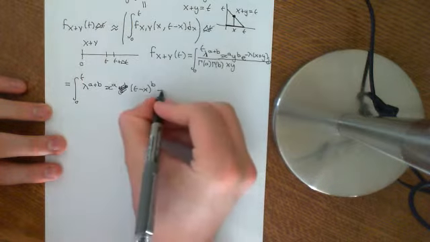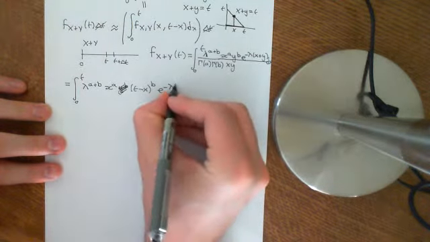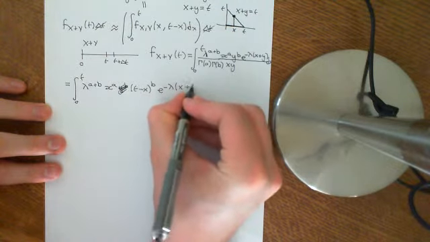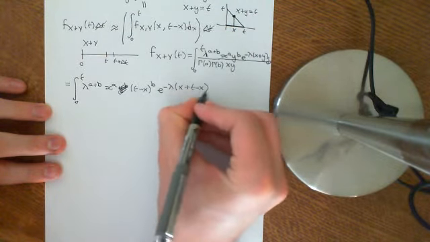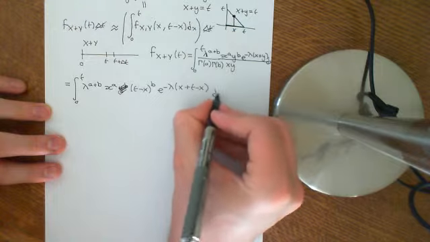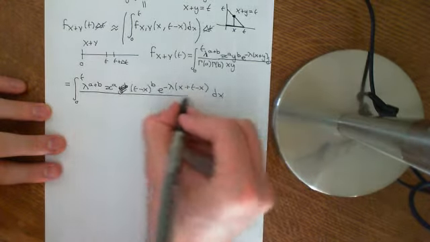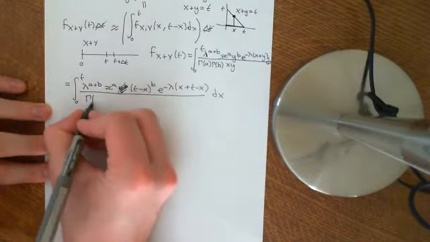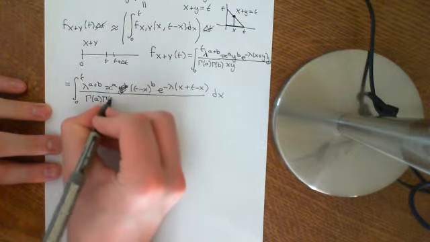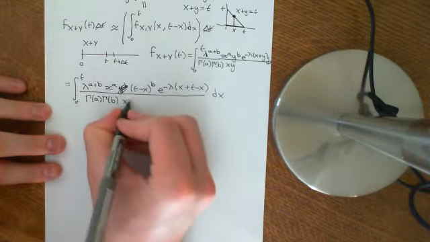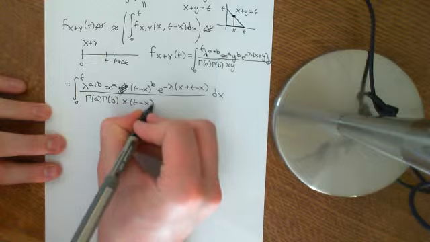Then we get e to the negative lambda, and then we've got x plus t minus x, so that's nice because the x's are going to cancel there, dx, and then we've got all over gamma of a and gamma of b, which are just constants, times x times (t minus x).